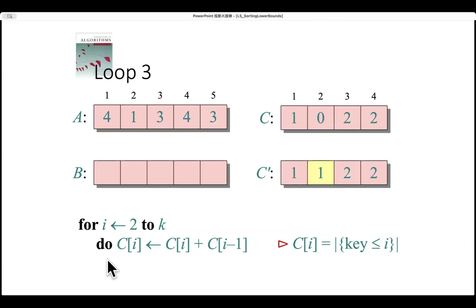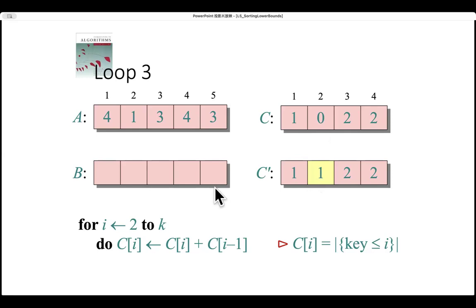Then, in the third loop, we are doing this for array C. We start from index 2 to K. Basically we try to do an accumulated count.